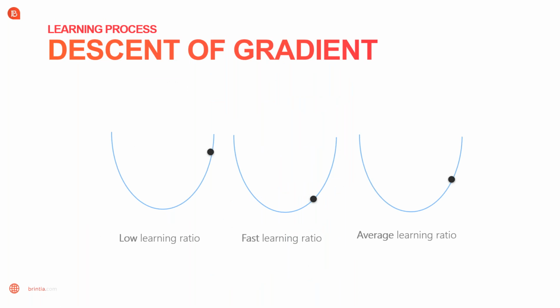Now we put the focus on the learning rate. The learning rate is the number that increases or decreases the weight at each iteration. If the learning rate is very slow, it takes a lot of time to converge. If the learning rate is very fast, the function diverges and will never find the solution.